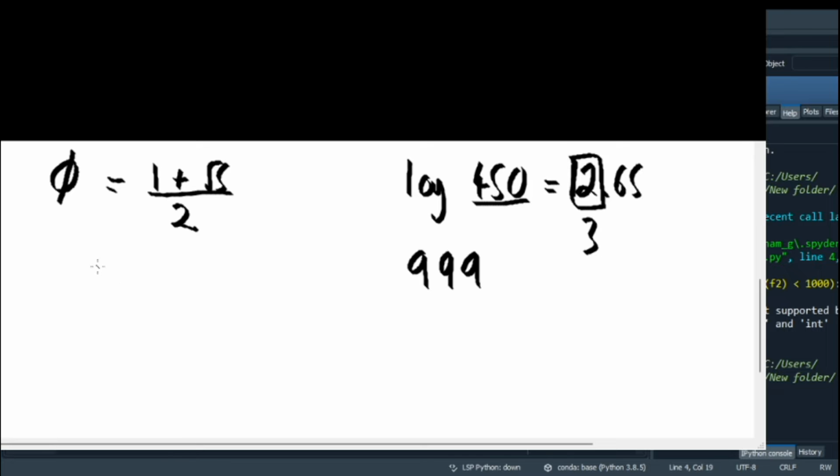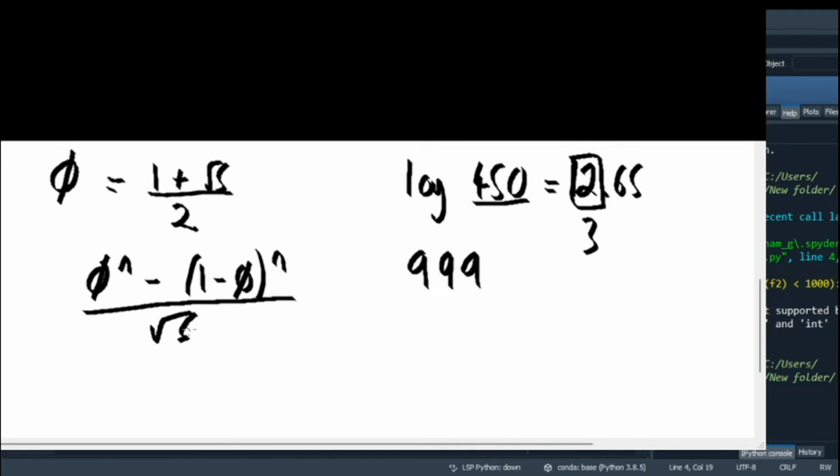Well, think back to episode 2. I used something called Binet's formula to find the nth Fibonacci number. So it's phi to the power of n minus (1 minus phi) to the power of n, divided by the square root of 5.